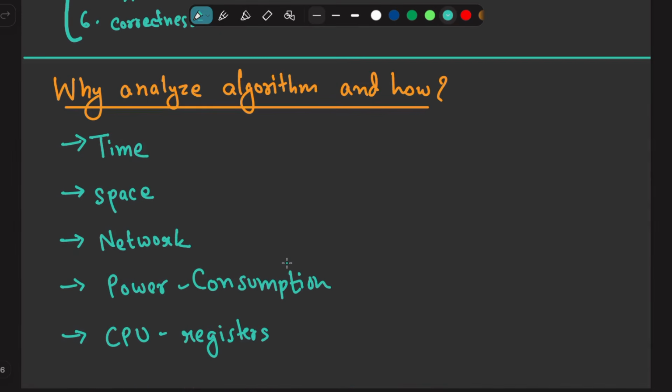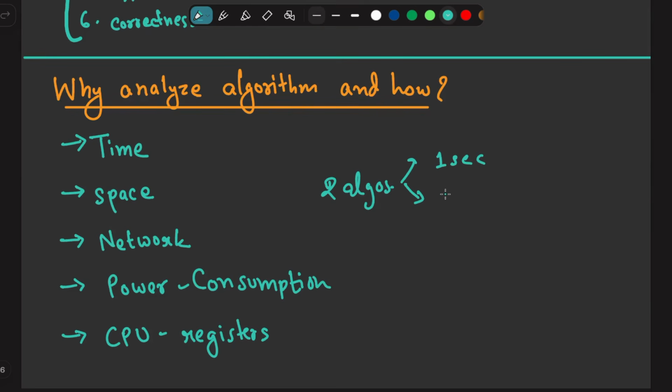So next, now we might ask, why do we need to analyze an algorithm and how do we analyze? Suppose there are two algorithms and both are correct. So why do we need to analyze them?